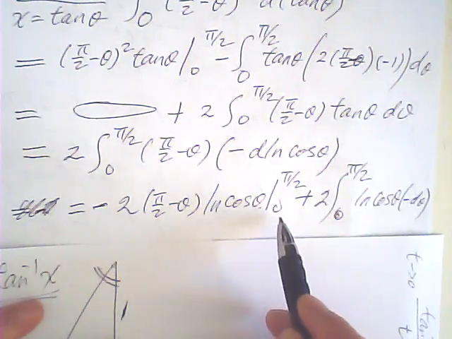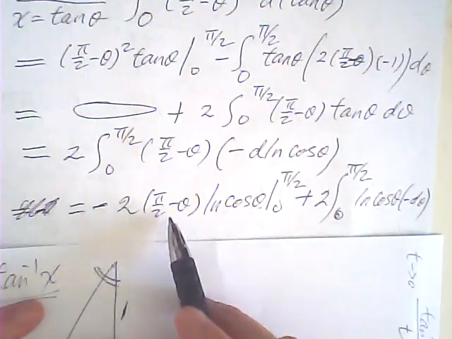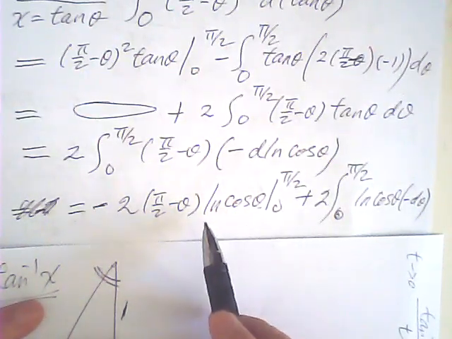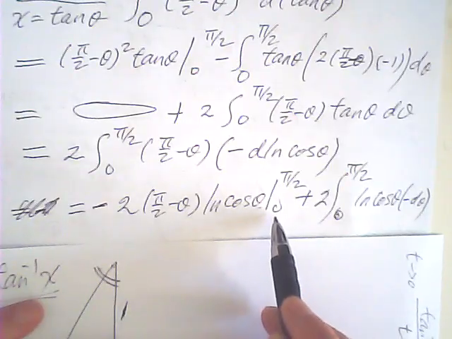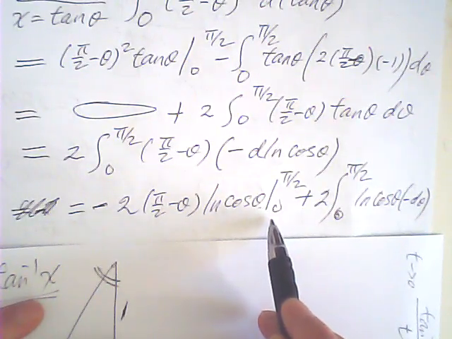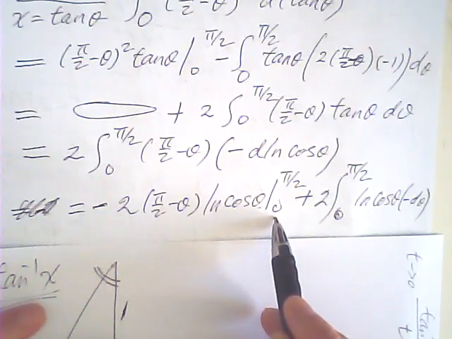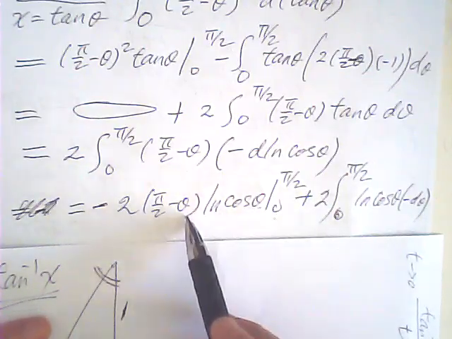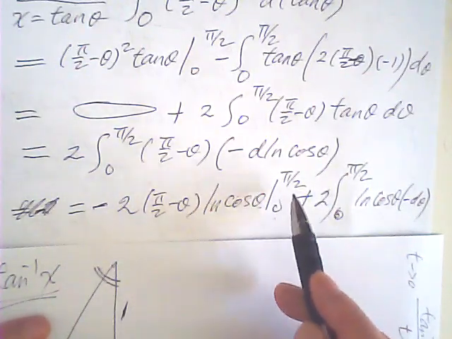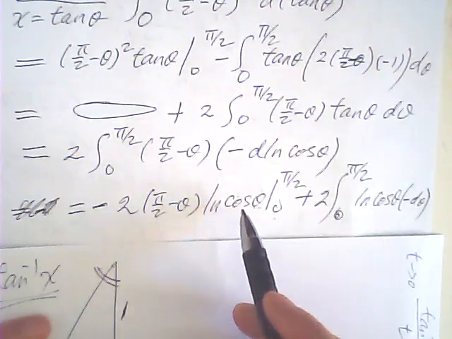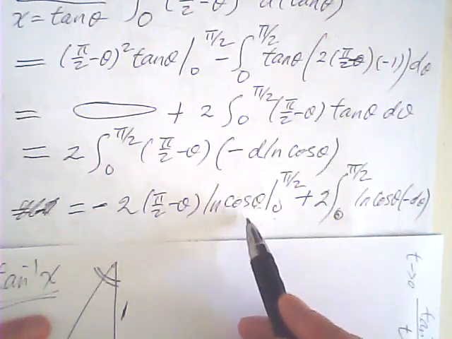The problem is when theta goes to half pi, because this one goes to 0.